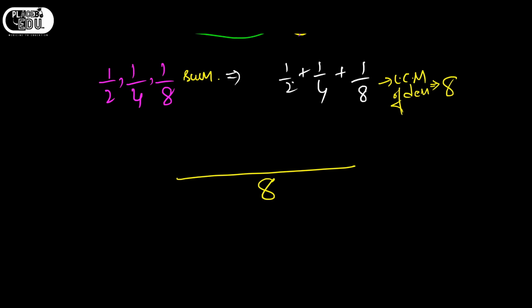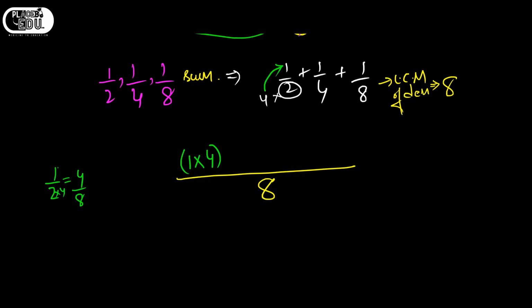Now 2 into 4 will be 8, right? That 4 should be multiplied with the numerator. That is, I have to write it as 1 into 4. I am doing the same procedure which I did earlier, but in a shortcut manner. This represents that I am converting this 1 by 2 into 4 by 8. Understood?